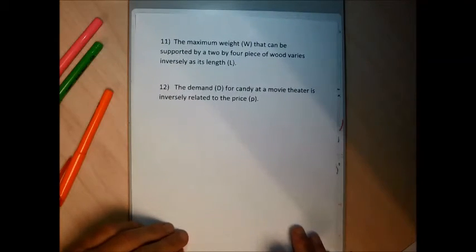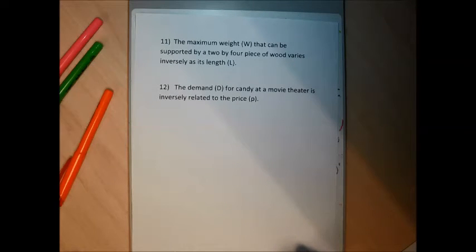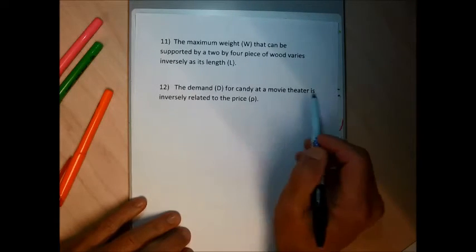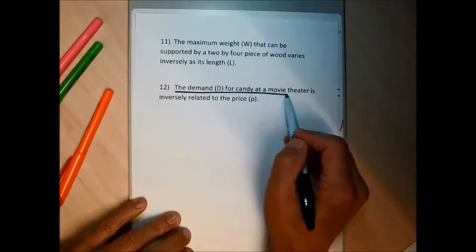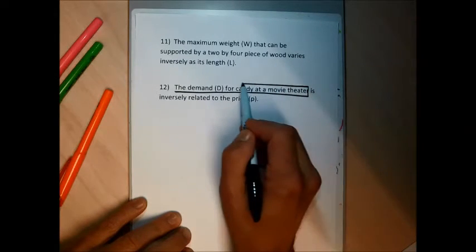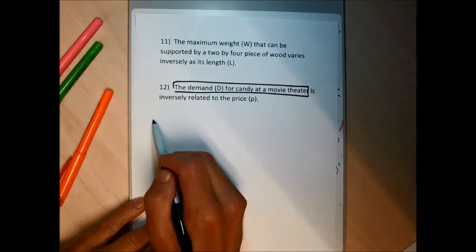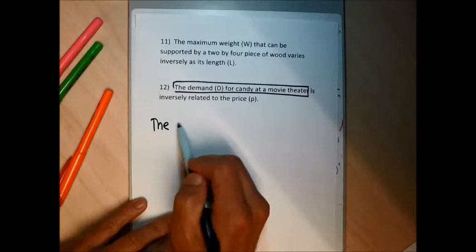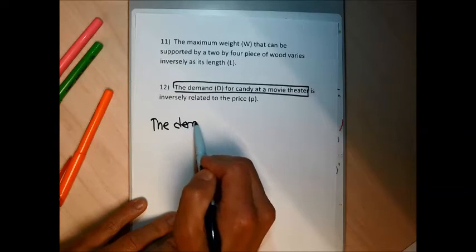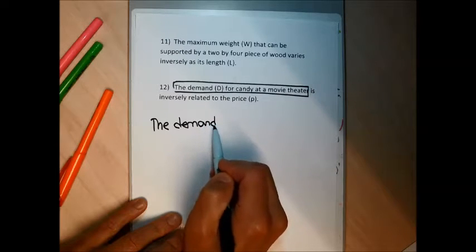All right, so 11 and 12. Let me do 12. 12 says the demand for candy at a movie theater. So all of this right here is just the first bit that gives me the one letter for the problem. So there's a lot of words that condense down to a single letter.